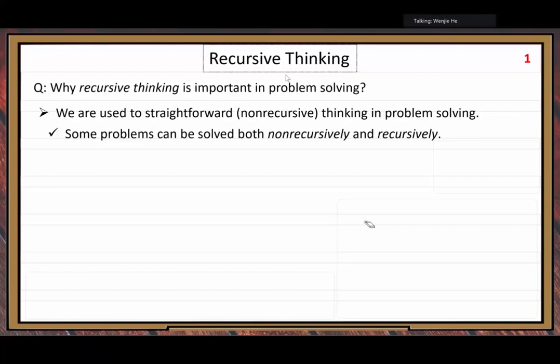And we want to compare these two different ways to solve computing problems.